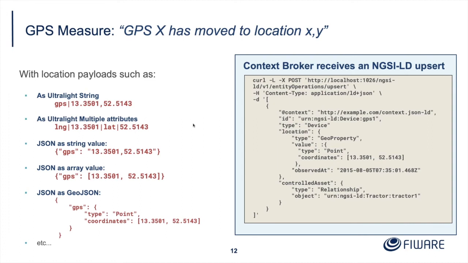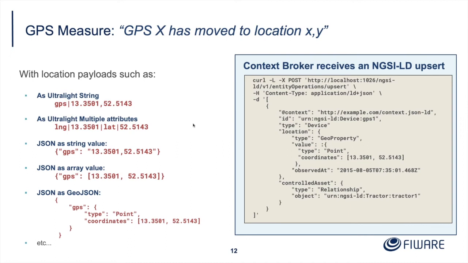Any of the syntaxes on the left-hand side could be used here to represent that, depending on the capabilities of your device. Can your device send JSON? Is your device restricted to sending just strings or some sort of binary data?